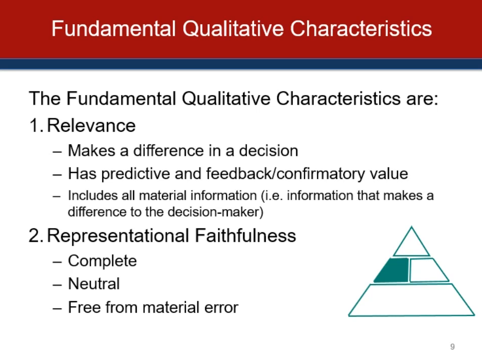Complicating this is the fact that management estimates and judgments are often required, and they have an implicit bias, so it makes it even more important to ensure the information is complete, neutral, and free from any material error or bias, because management is the possessor of inside information, and so the asymmetric information which they hold, it's important that they don't skew the information which they present in their financial statements for their own best interest.